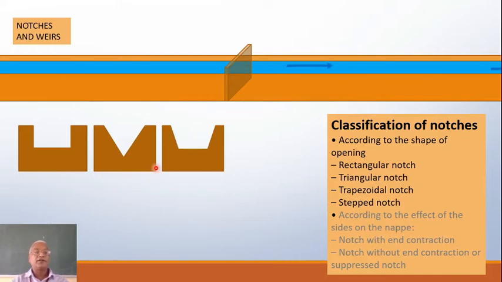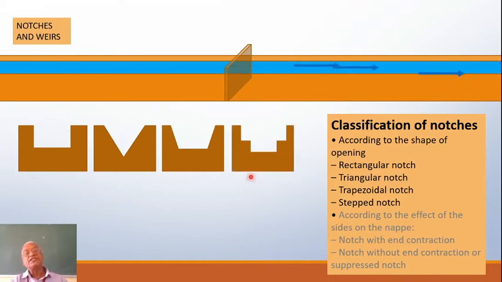And then if I cut a shape of trapezium, obviously trapezium will have lesser width at the bottom, larger width at the top, and almost all the time it is symmetrical unless it is told. Most of the time, 99% it will be symmetrical, right? Even this is also symmetrical. Obviously rectangle is symmetrical. Then you can have a stepped cut like that, stepped notch.